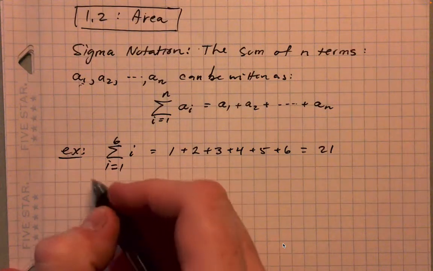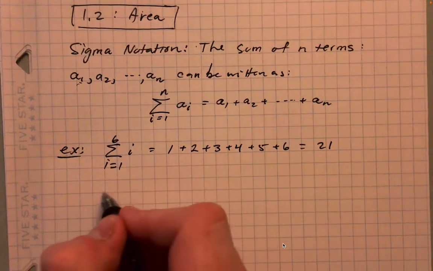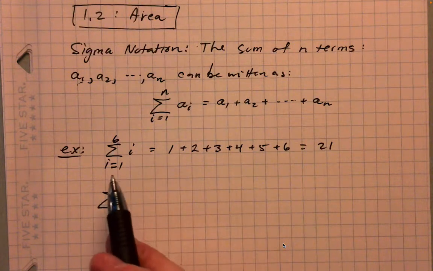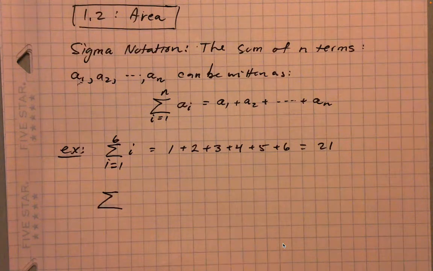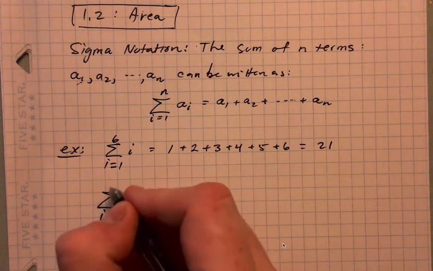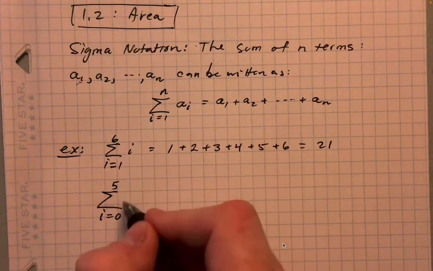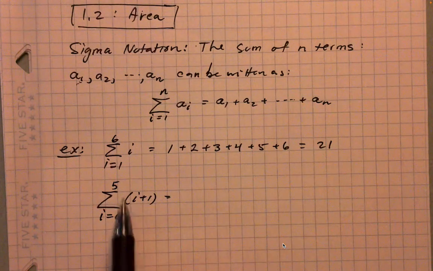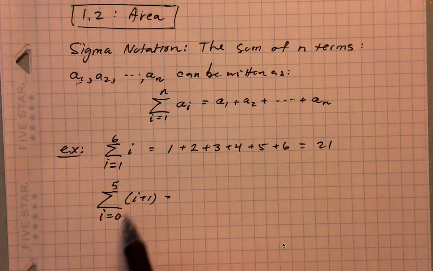Okay, the indices can vary. So, you know, it's maybe typical to start at i equals 1, but you wouldn't have to, right? So you could say i equals 0 up to 5 of i plus 1, right? And in this case, you would get the same sum, right?